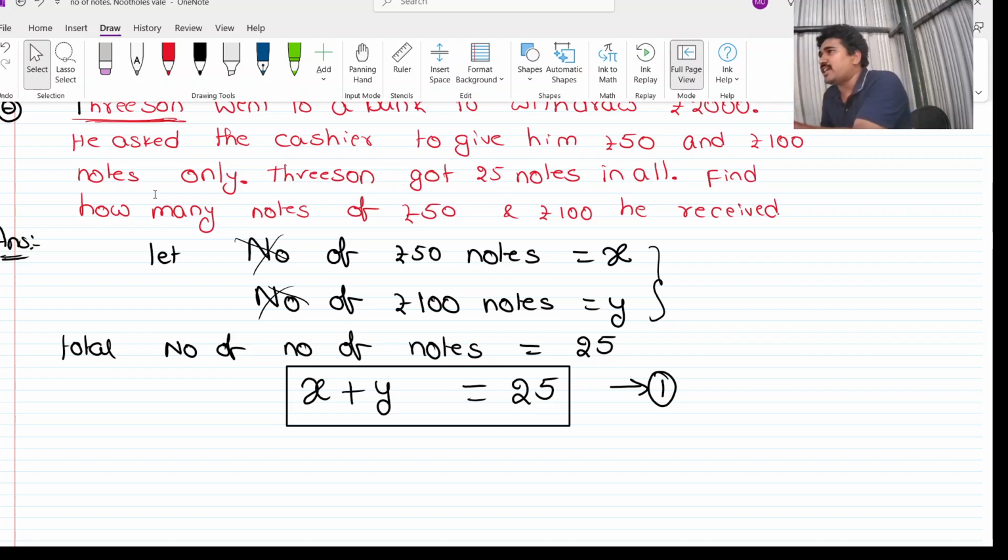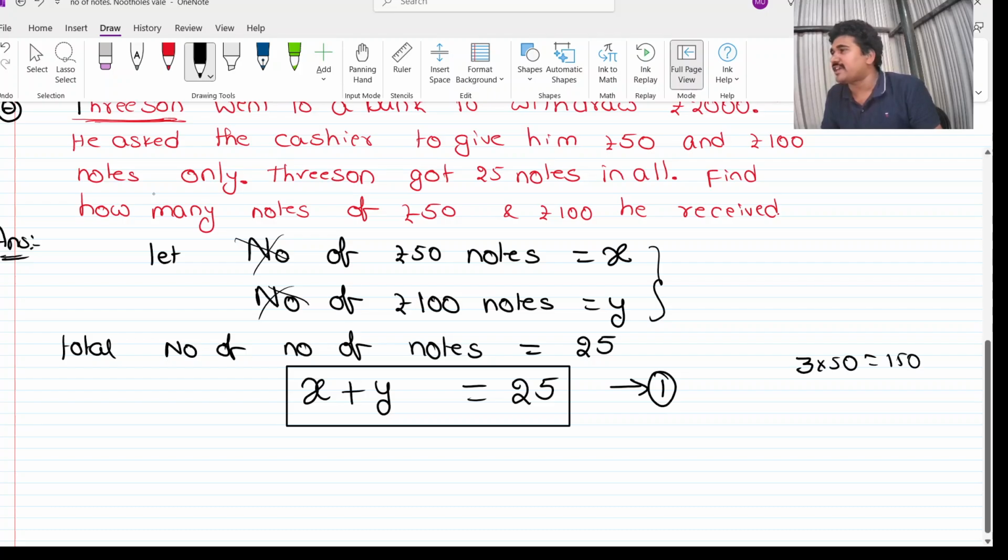I gave you 3 fifty rupee notes. How much money did you get? 3 into 50, sir. That's why I said 150. Understand? I gave him 7. How much money will he have? 7 into 50. That is nothing but number of notes into value. It will give you the money, right? Yes or no? Are you clear with that?